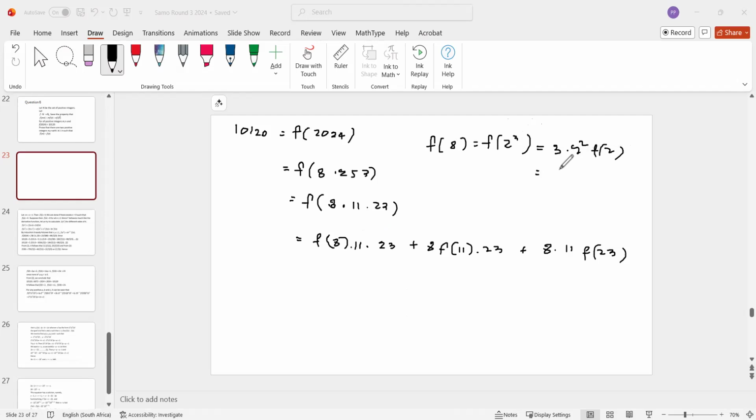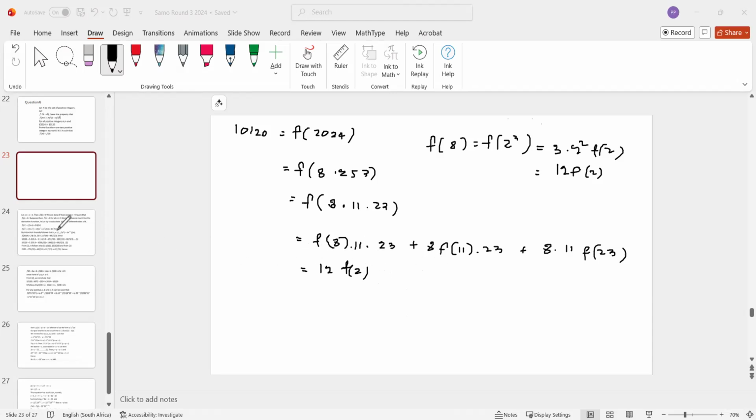So 2 squared times 3 is 12 f of 2. So this is equal to 12 f of 2.